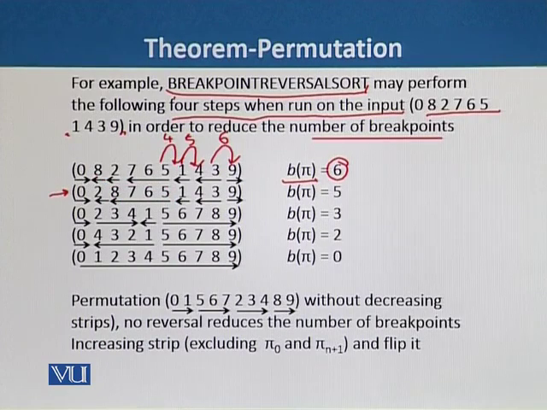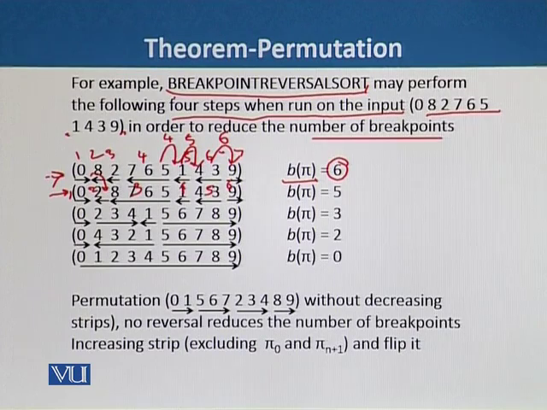And when 8 is added, this reduces the number of strips. So in the initial permutation, we can see the number of strips are 1, 2, 3, 4, 5, 6 and 7. We have 7 strips and 6 breakpoints. So when 8 is replaced in this position, the total number of strips will reduce to 6. So we can see here the number of strips is 1, 2, 3, 4, 5 and 6.